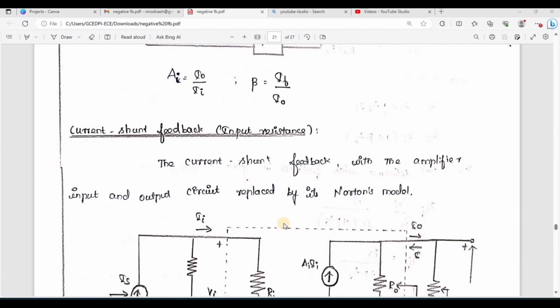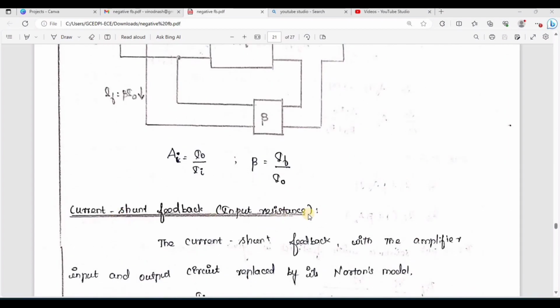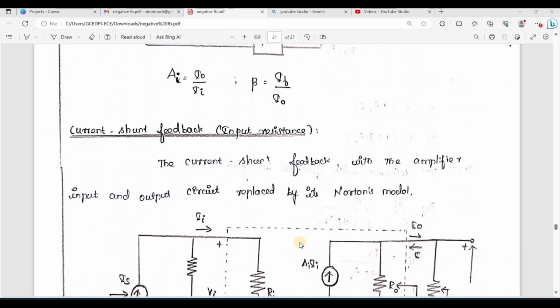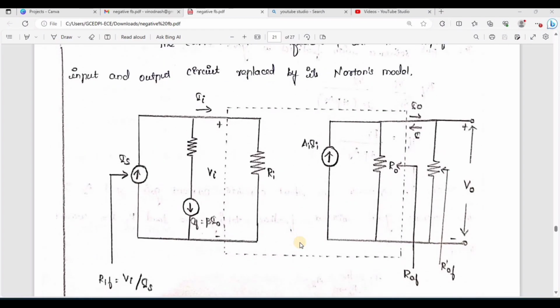In order to find the input resistance, we are going to replace this current shunt feedback by its Norton model. Here we have Is, so the resistance should be in parallel, and this is Ri.